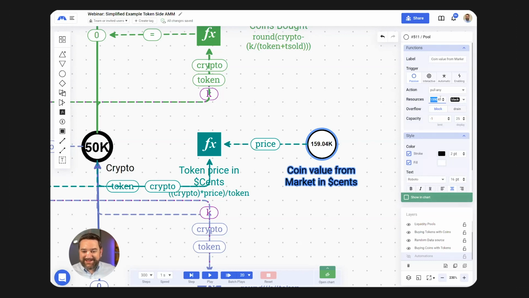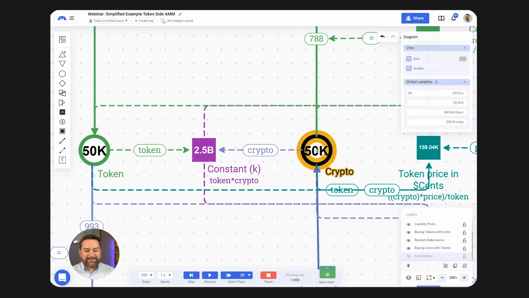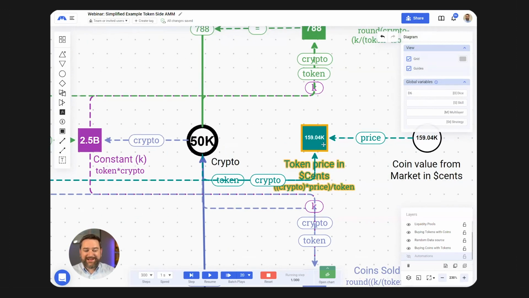I'm doing this in cents, so I've actually got 159,000 cents to help calculate my token price. Because we've got an equal number of crypto and tokens in here, at the start of my simulation each token is going to be worth 1 Ethereum, which means each token yesterday was worth 159,000 cents, or $1,590.